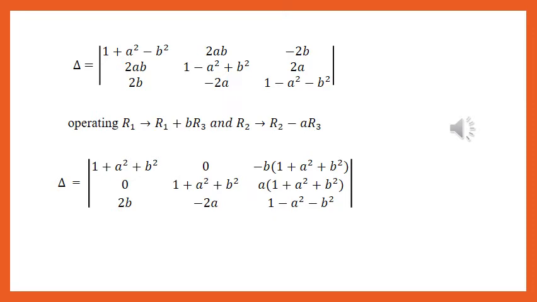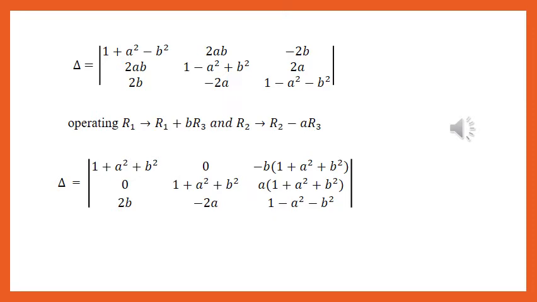Now the third element of the third row is 1 minus a square minus b square. Multiply with b. Then it is b minus a square b minus b cube. Then add with minus 2b.